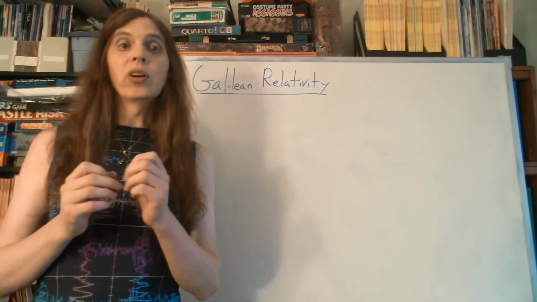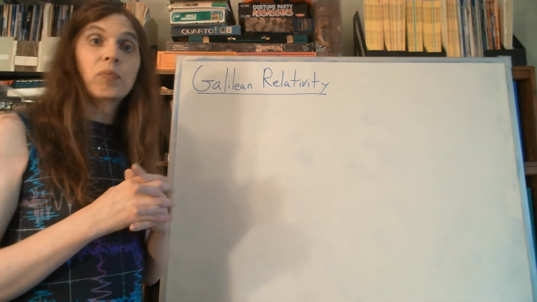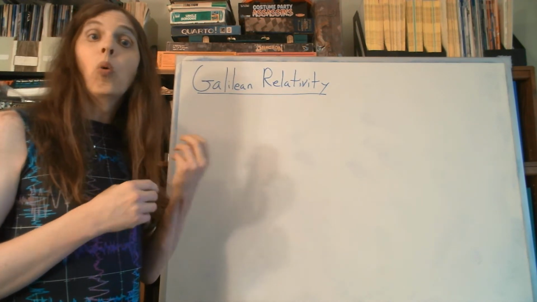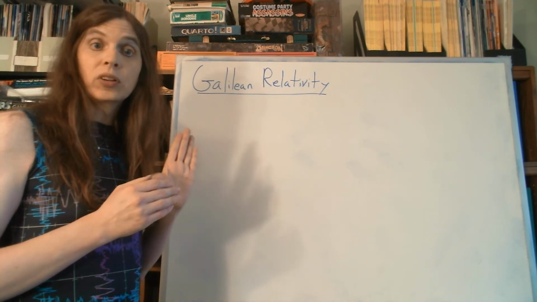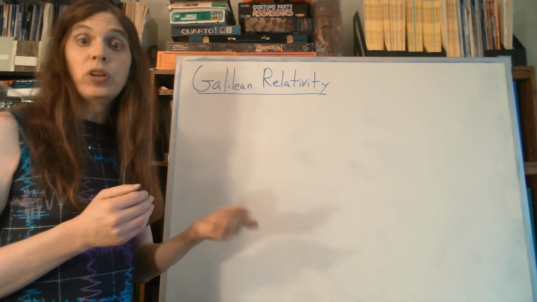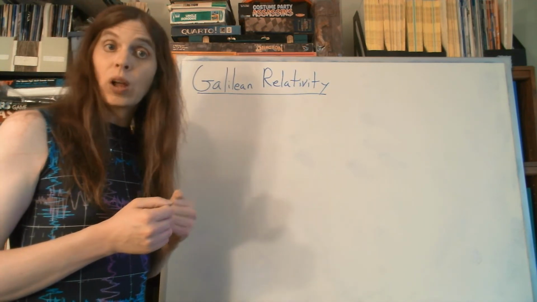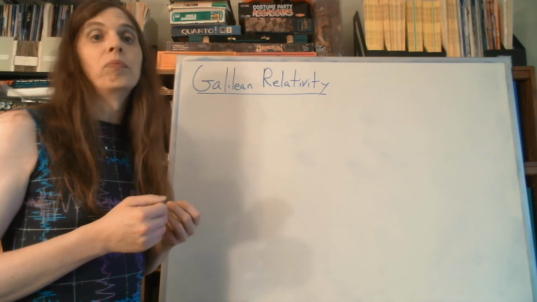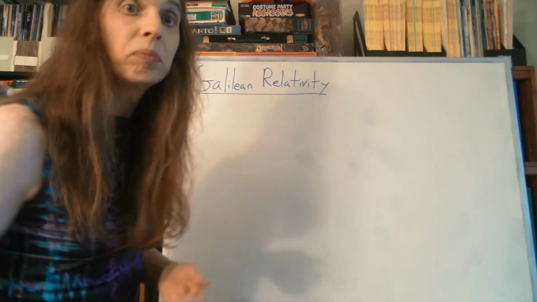In particular, we're going to be looking at how things look when you have one coordinate system moving with some set velocity relative to another. So let's take a look at how that might go.